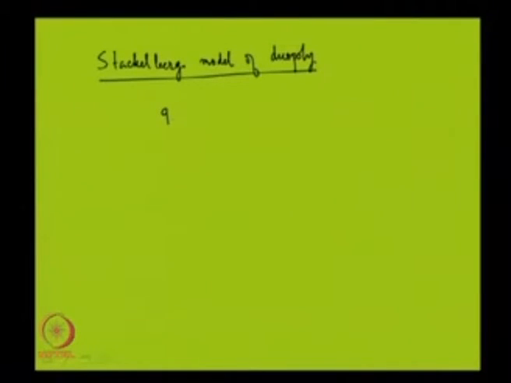In the Stackelberg model, instead of simultaneous actions by firm 1 and firm 2, we are going to assume that decisions are taken sequentially. So, player 1, maybe firm 1, moves first and decides on the quantity of output it is going to produce. So, Q1 happens first, the amount of output firm 1 is producing.